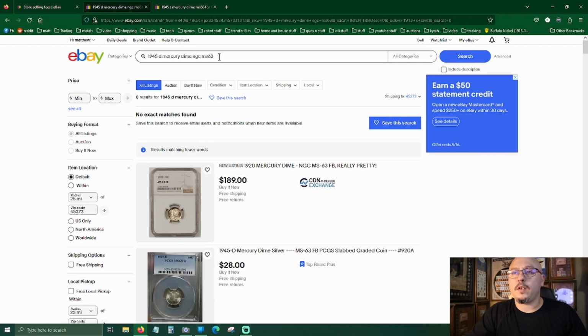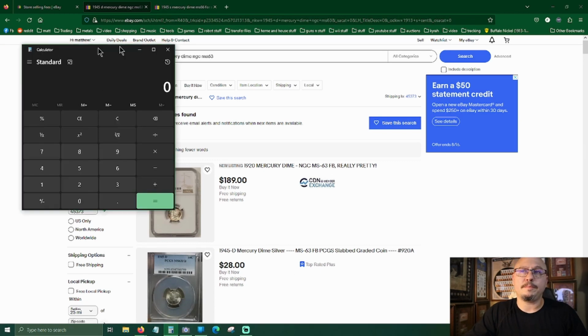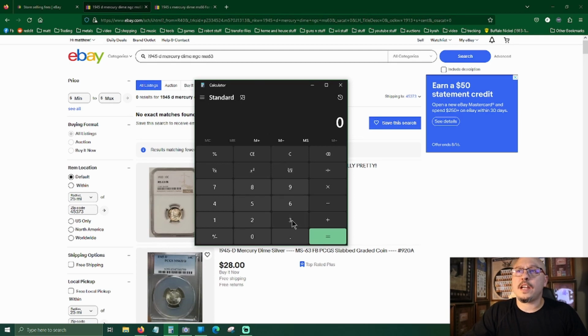What are we going to have to sell that at to make a profit? So you pull up your handy dandy calculator and say we paid $30. Let's even say it's going to cost us $4 to ship it, and that's being modest. So let's say $34, right? To figure out our starting point to break even, we multiply that by 1.1325.